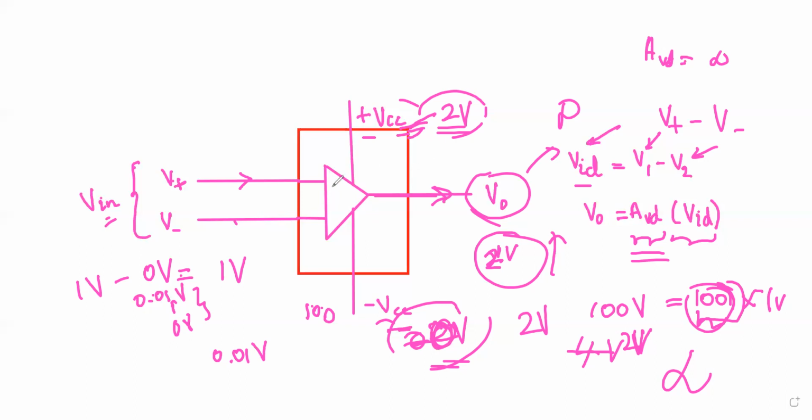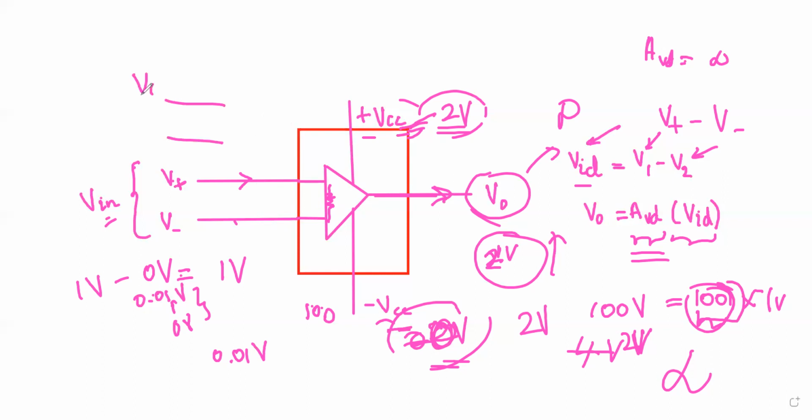And also another important thing is whether there is any connection between these two V plus and V minus ports. We will take that as infinite impedance, which means V plus and V minus are not connected. Let's say it's going to be like this.